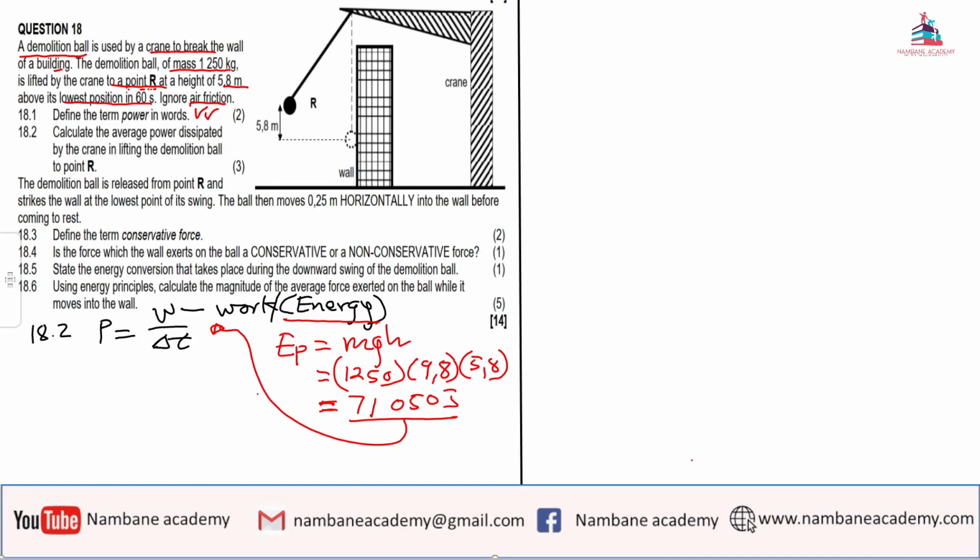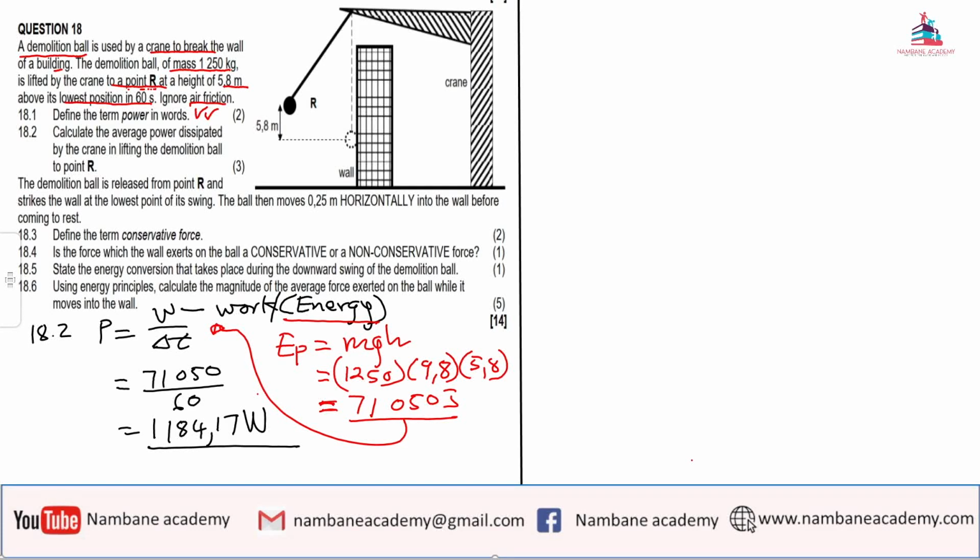Then it makes it easy for me to know that now, P is actually 71050 divided by the 60 seconds. Divide this answer by 60, it will give you something like 1184.17 watts with the SI unit.